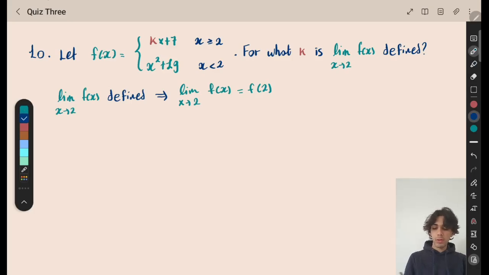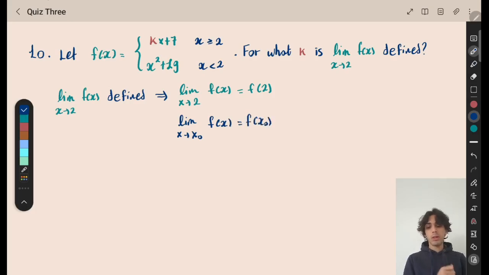You remember the definition, it says that the limit as x tends to x naught of f of x is equal to f of x naught. So this is what it means for a function to be defined at a point and to be continuous there. I'm just using the definition, by analogy, and here our point is just 2.